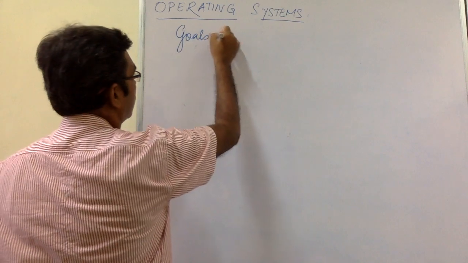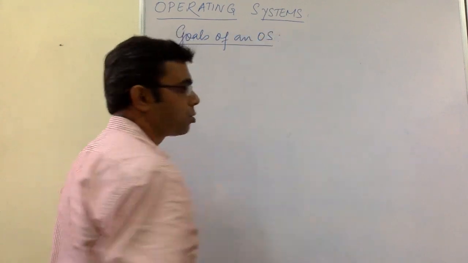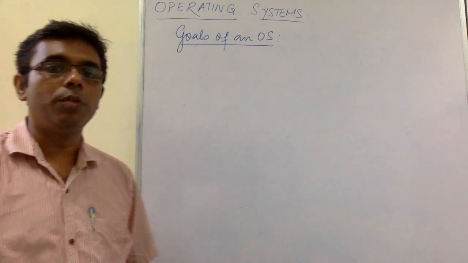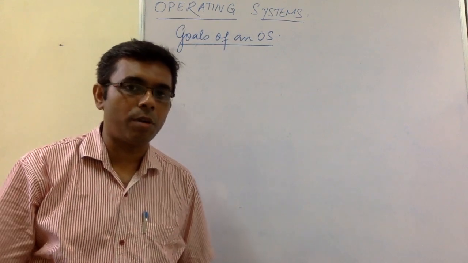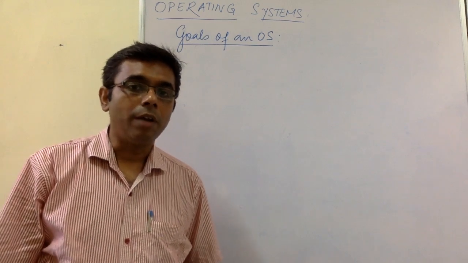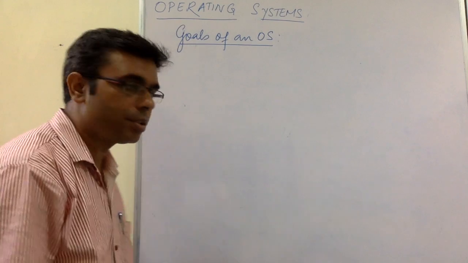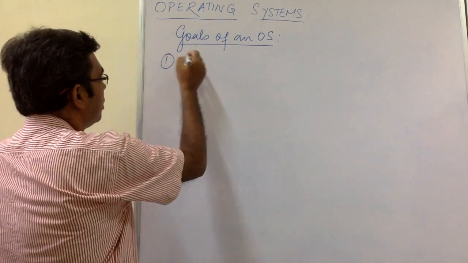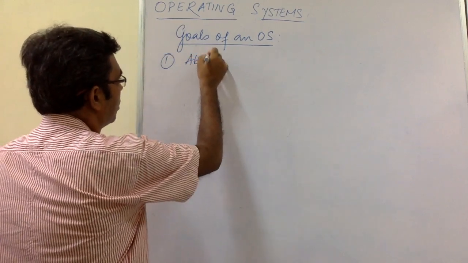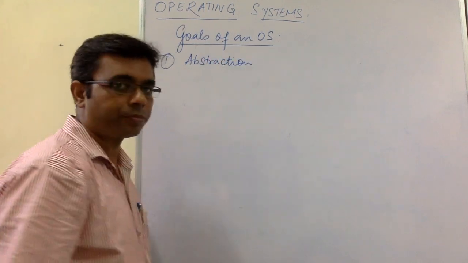So let's talk about why we need an OS. Now that we have understood the challenges faced during execution of a program in a bare machine model, that is a machine where you do not have an OS, it's time to appreciate the role played by the OS. What is the role played by the OS? The first one that the OS brings about is the concept of abstraction.